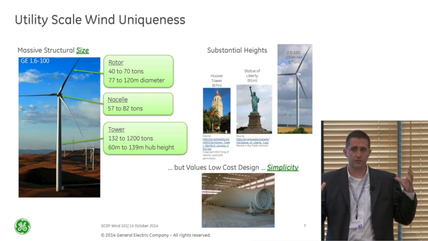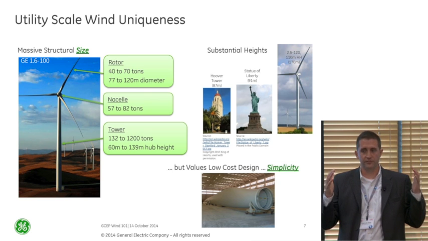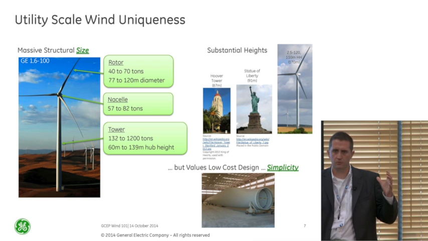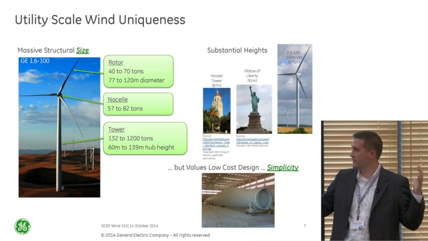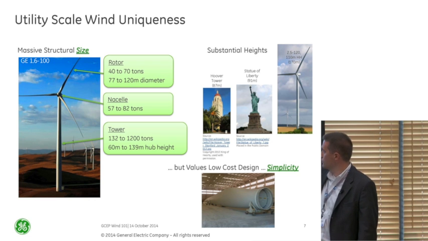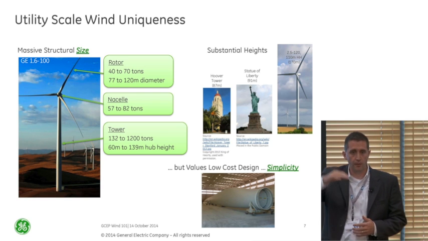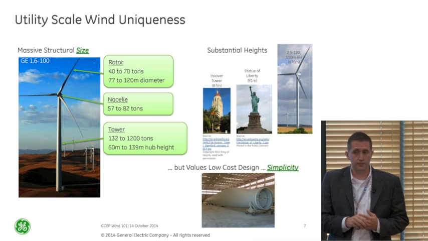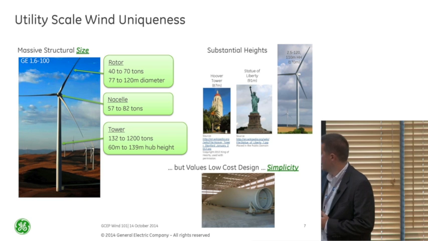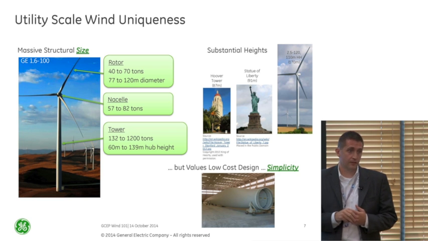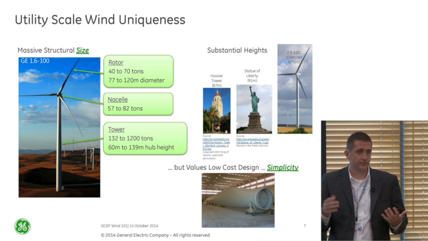I'm trying to extract energy from a fluid, air, which has a very, very low density, about 1.2 kilograms per cubic meter. I need to make these things massively big. So our 16100 has a 100-meter rotor diameter on top of an 80-meter tower. The hub height of the tower is 80 meters. So this is really big. The weights of these things are significant, the rotor alone is 50 tons.